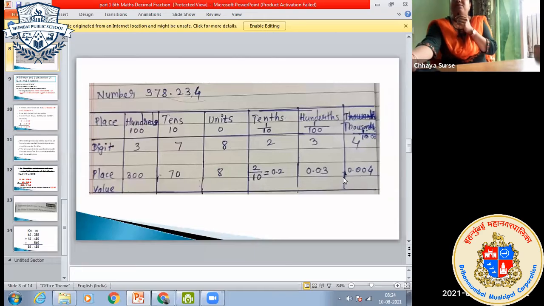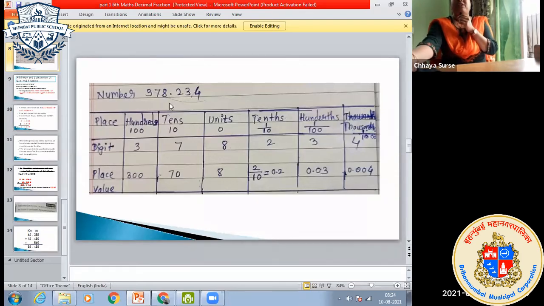When it is the thousands part, after the decimal point we want 3 digits. If it is the hundreds part, after the point we want 2 digits. In the 10th parts, after the decimal point we want 1 digit. Clear? So this is the place value of the decimal fractions.